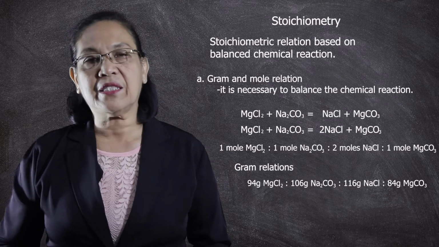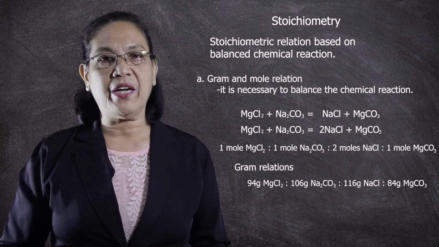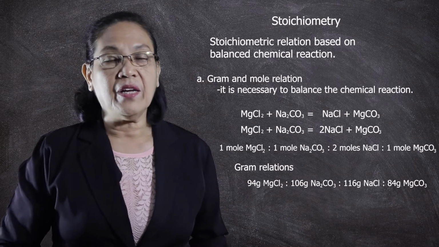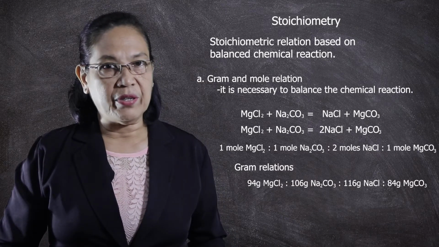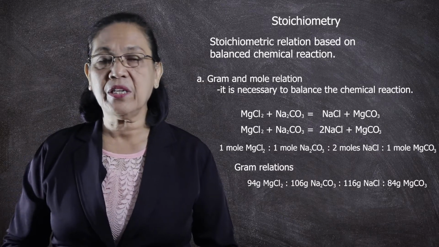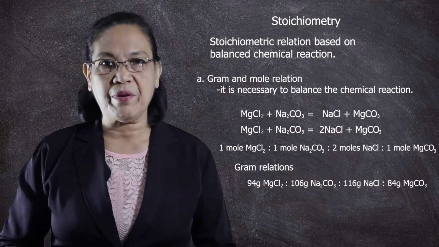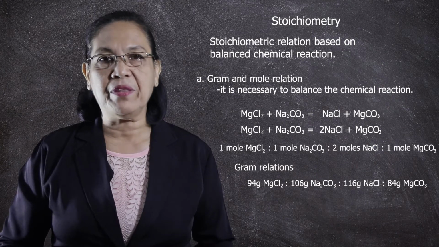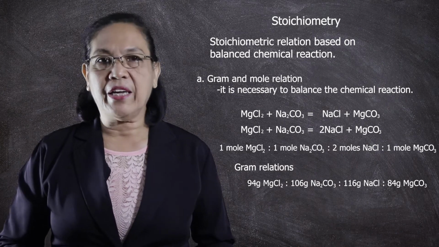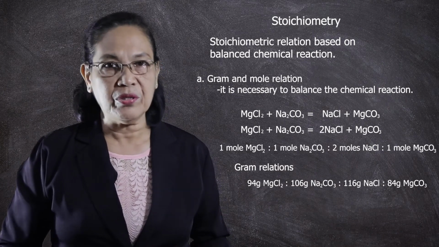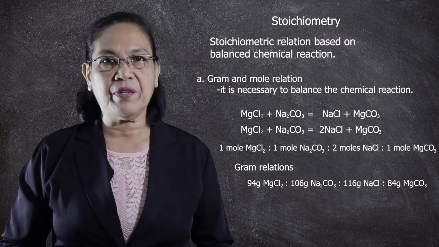So that is how to establish a gram and mole relation. Again, how are you going to establish the gram and mole relation? It is important to balance the chemical reaction first, because from this balanced chemical reaction, you can get the number of moles and the number of grams.